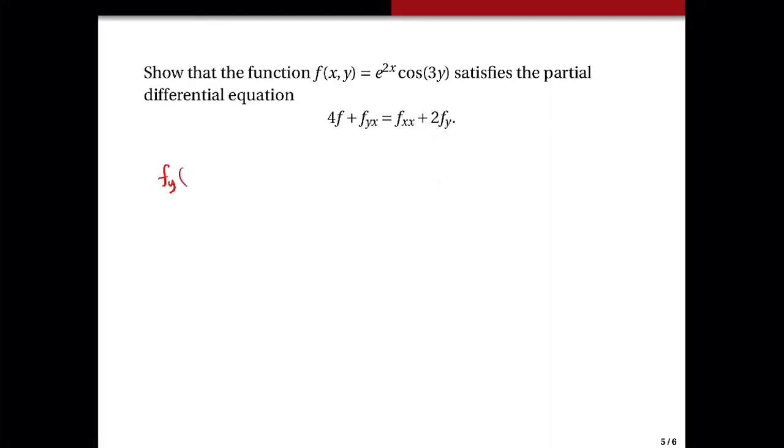The partial derivative of f with respect to y. So for f of x, y, we get the partial derivative with respect to y. e to the 2x is just constant. So the derivative of cosine 3y, what's the derivative? We will get, is that a negative sign? So here we will have e to the 2x, and then negative sine 3y. By chain rule, multiply by 3. So we have the 3 here.